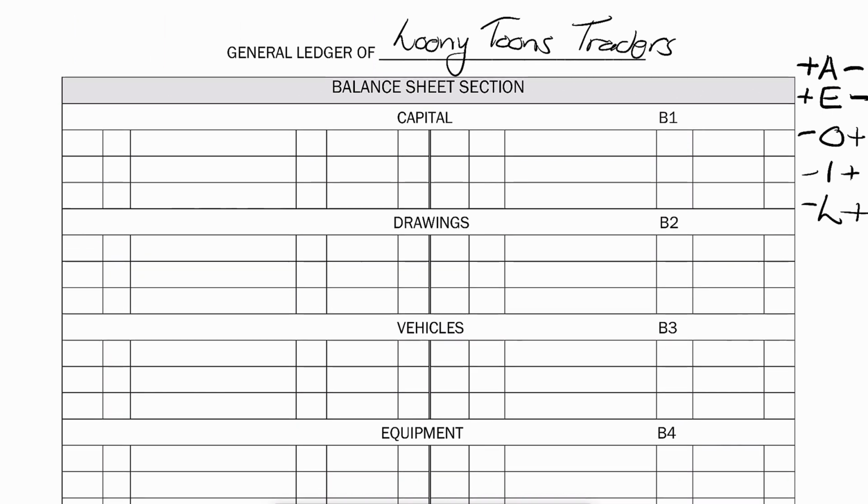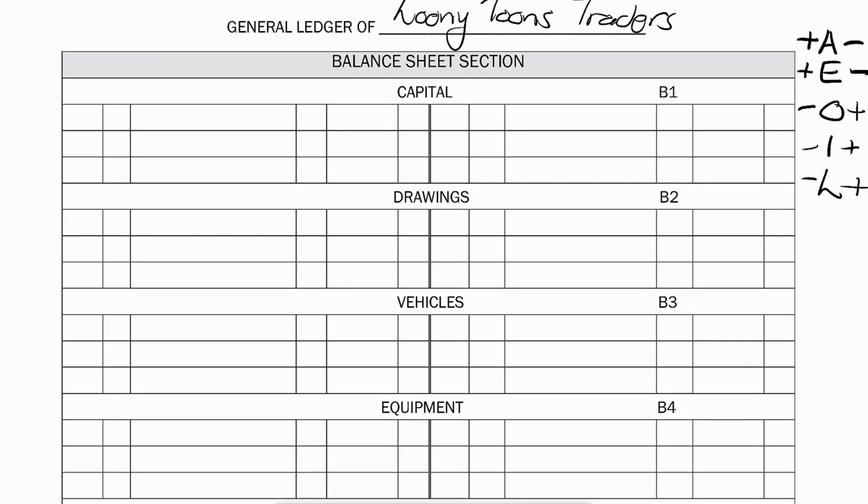So now if we go down and we break it down, firstly, in our balance sheet section, we have balances. So we have our balances, and in our balance sheet section, we have our assets, our owner's equity, which is capital and drawings, and our liabilities.